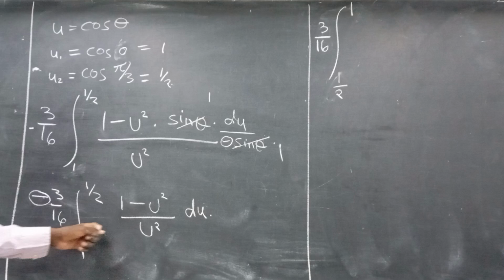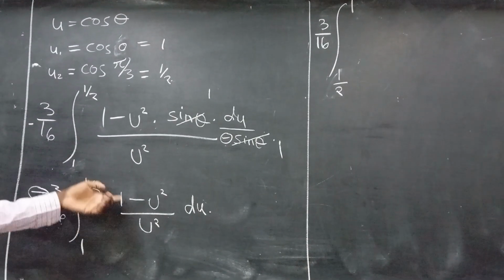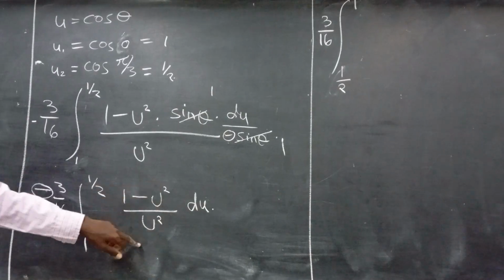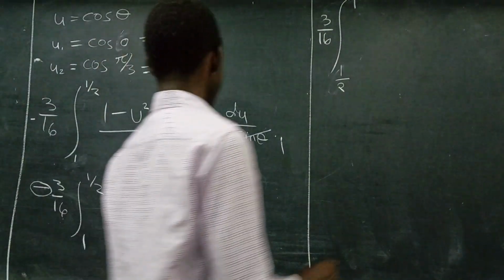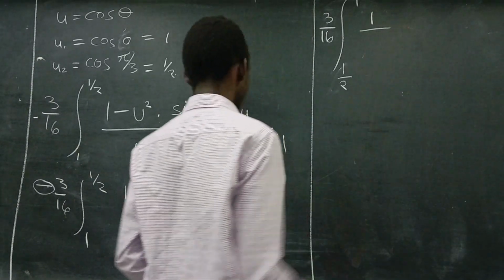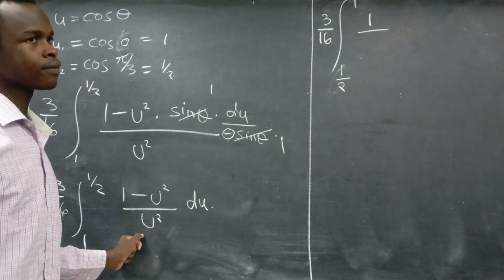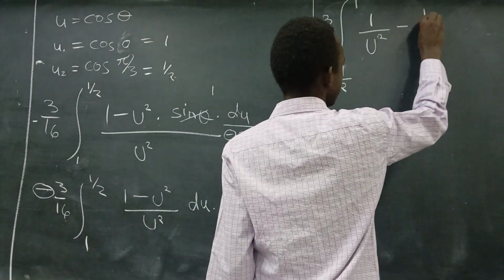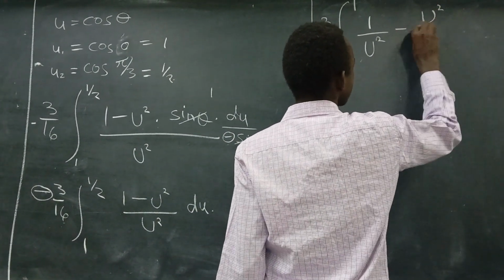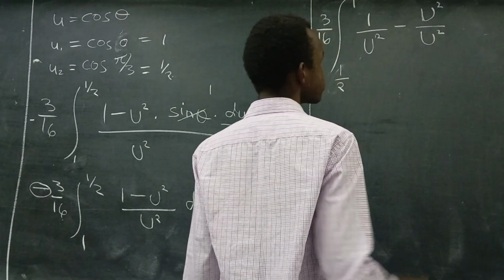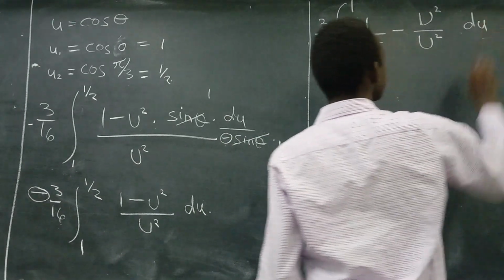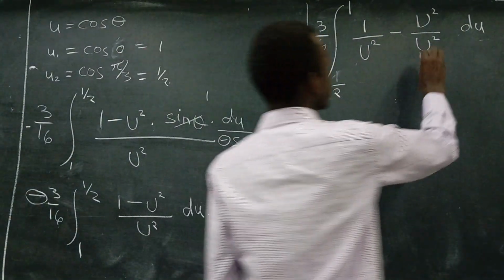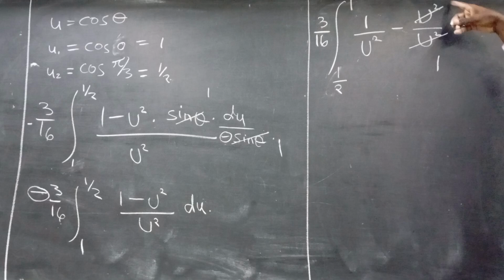So from there, I'll split the denominator, so it's just 1 over u squared minus 1 minus u squared over u squared, du. As you can see, this part cancels with this part, just remaining with 1.